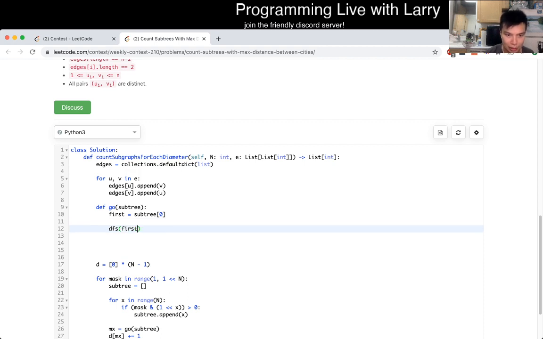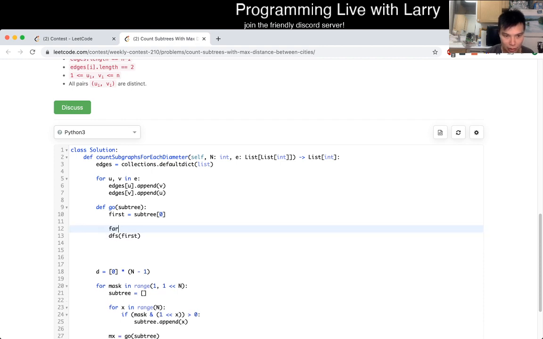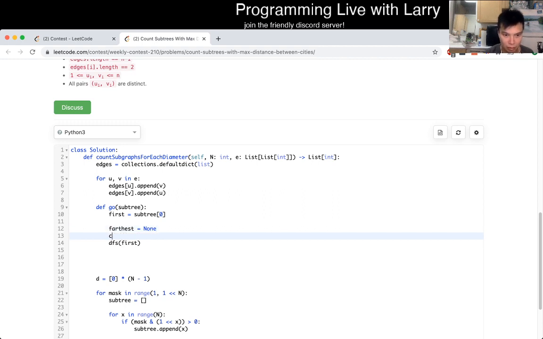So basically what we want is the furthest node is equal to none. Yeah. And then okay. So that's basically how you would do the diameter.